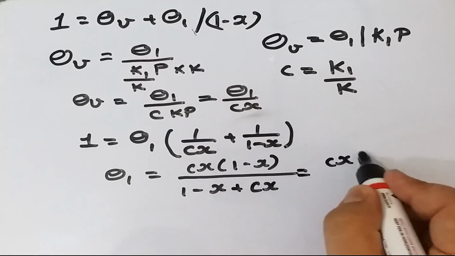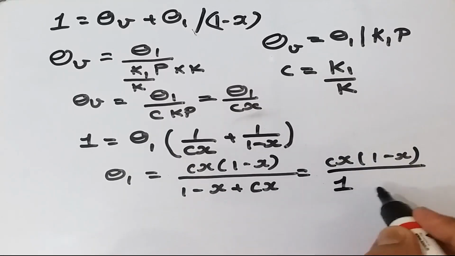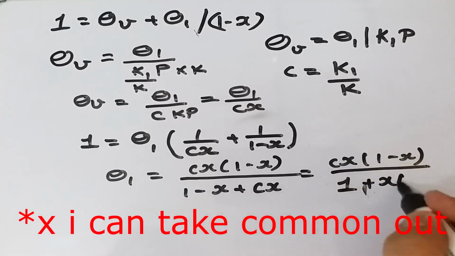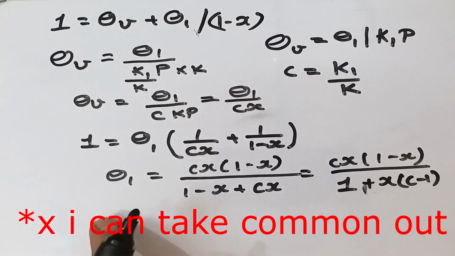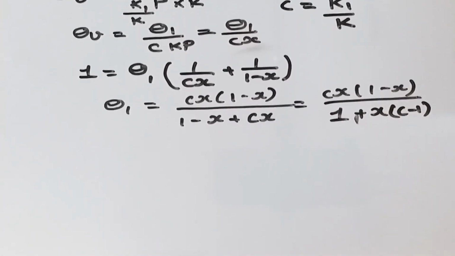So cx into 1 minus x upon 1, and then plus c I can take common, x into c minus 1. So this will be the expression that I am left with for theta 1. Now this expression for theta 1 we will use in the later part of our derivation.